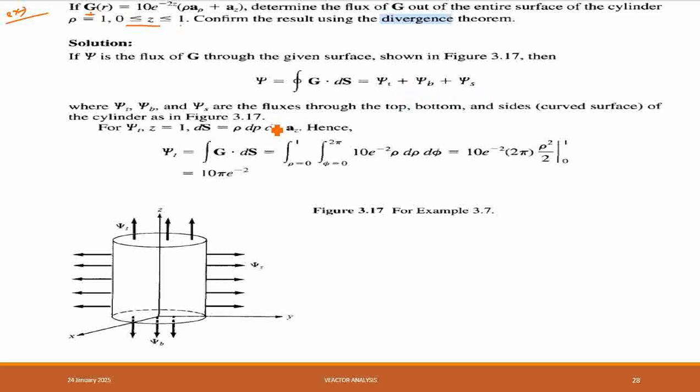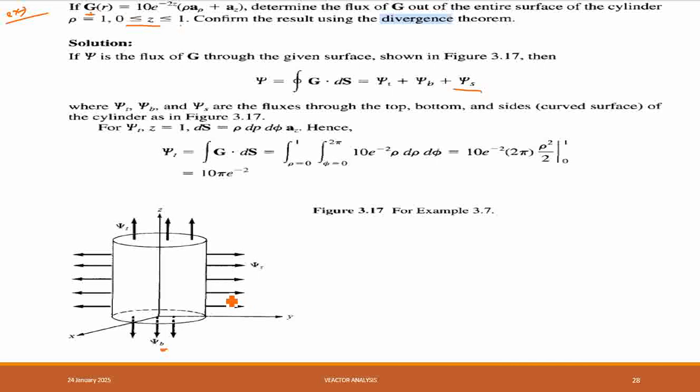So psi t, psi b, psi s are the flux through the top, bottom and side, of the curved surface of the cylinder. Like here you can see this is the bottom side, this is the top side, and this is the side surface. Likewise, your outward flux will come out, isn't it?